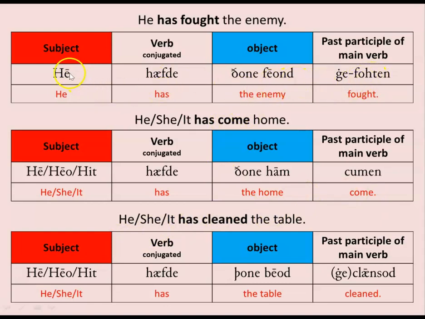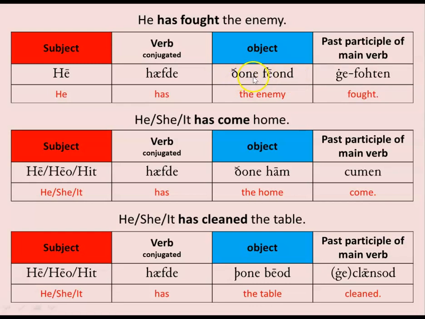Okay. So he, third person, present tense, singular, hæfð. Fēond is accusative, and it is a masculine noun, enemy, fēond, masculine noun. So the demonstrative article required here must be accusative, singular, and masculine, because fēond is a masculine noun.